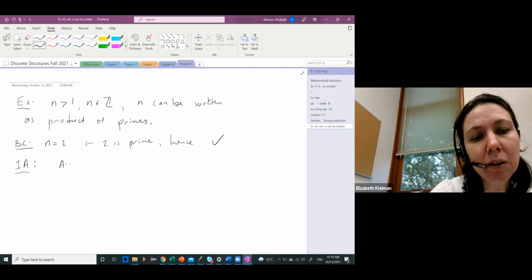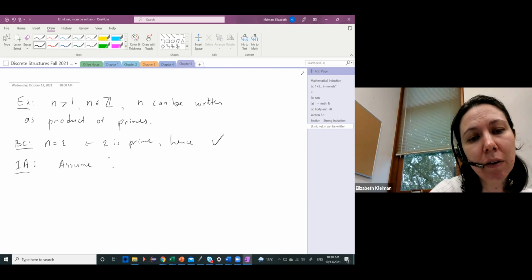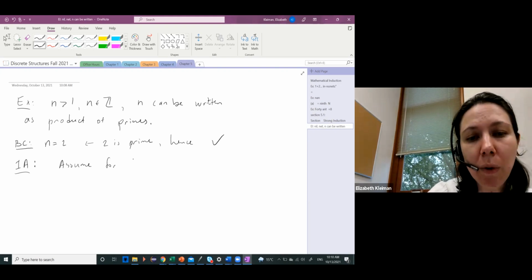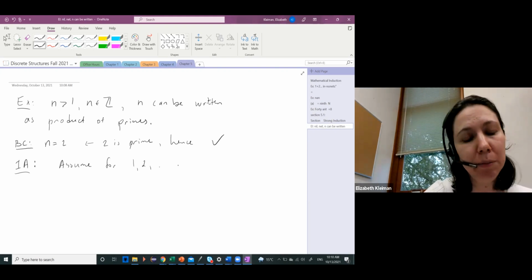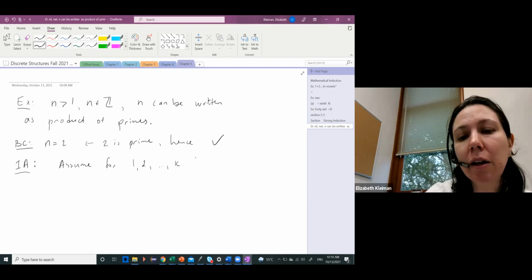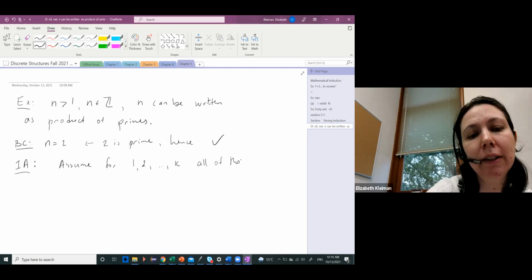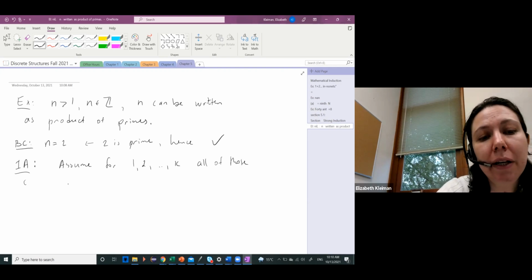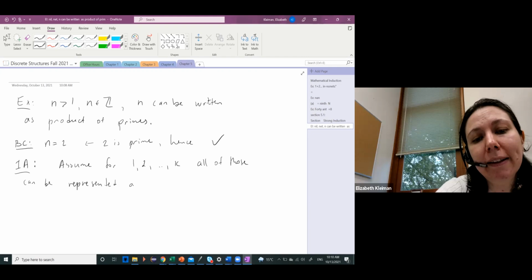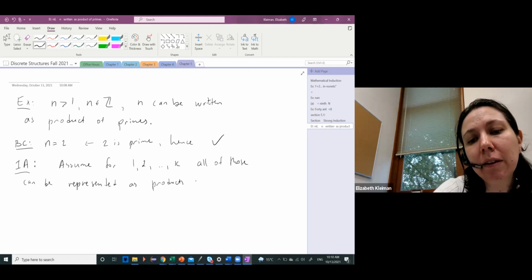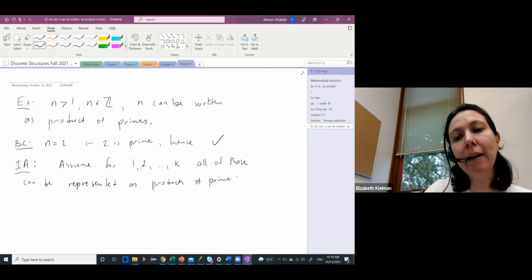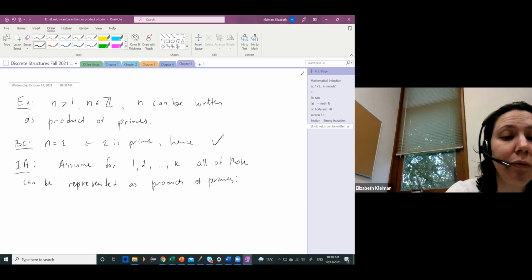Assume for 1 up to k, all of those can be represented as products of primes, or just prime numbers by their own.